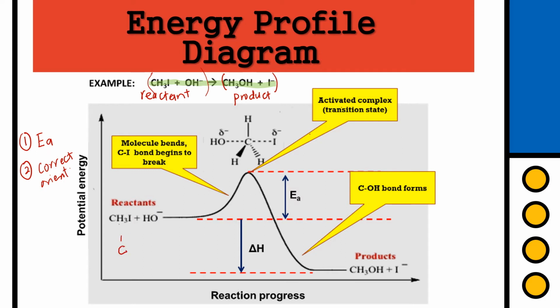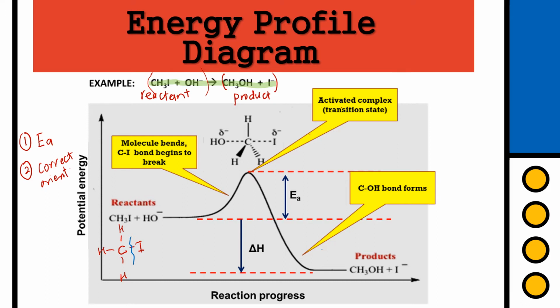So this is the structure of CH3I. The molecule will bend, and the C-I bond here will start to break. Okay, and then at the same time, it will start forming a new bond with OH minus.